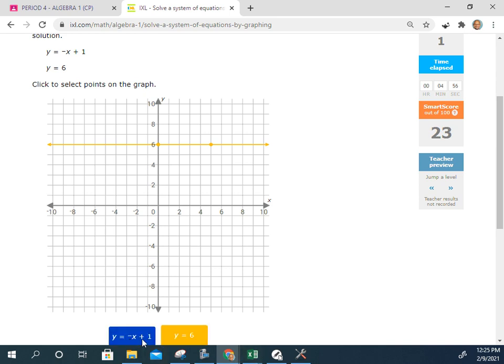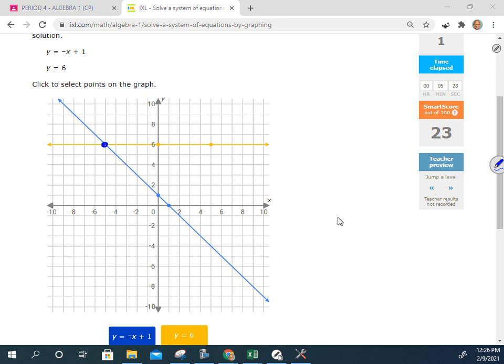For negative x plus 1, negative x means negative 1x. So your slope is negative 1 and your y-intercept is 1. Go to the y-axis, put a point at 1, and then go down 1 and to the right 1. Notice the lines meet up right there.